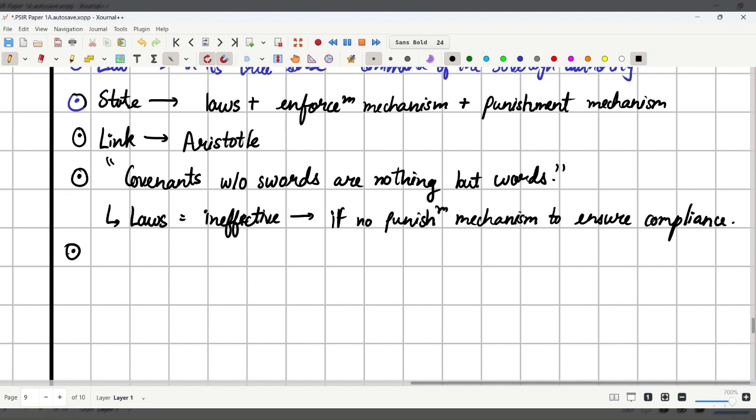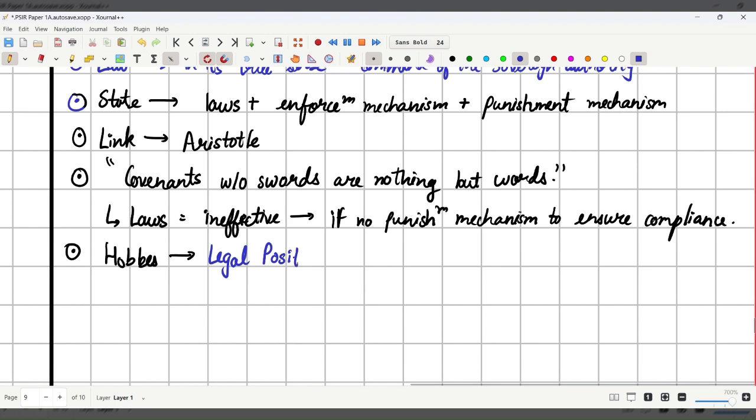So basically, in the state of nature where no common law or common power exists, there is no law and consequently no justice. Therefore, the state's monopoly over the legitimate use of force is what gives laws their validity. Hobbes belongs to the school of legal positivism, which believes in state-made laws only.